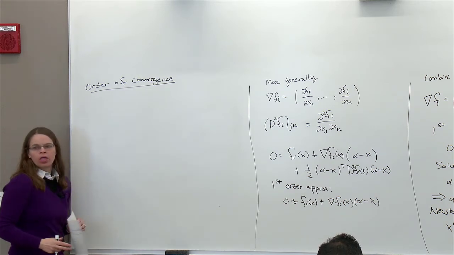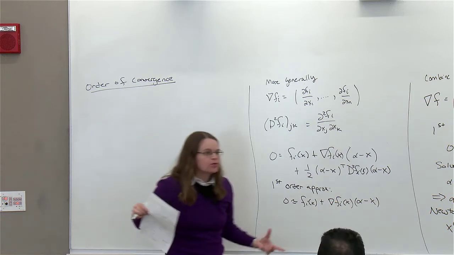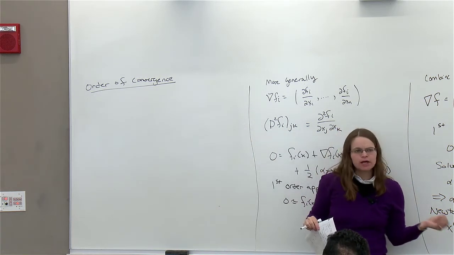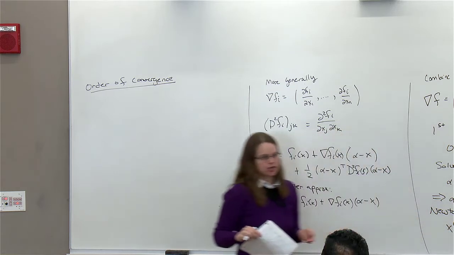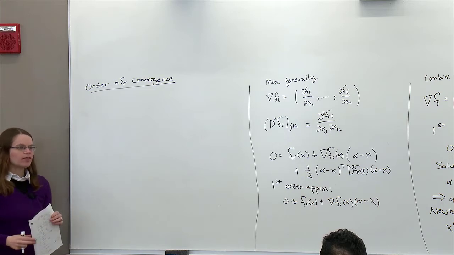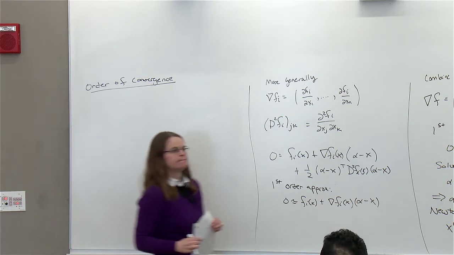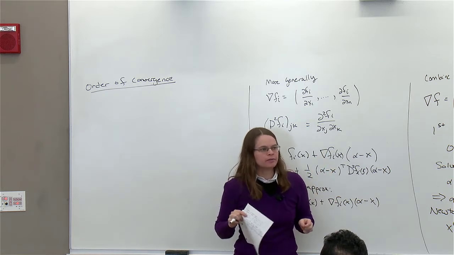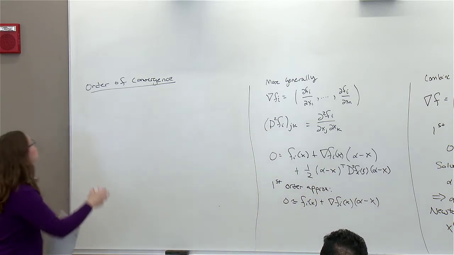Okay, I'm working with vectors now, but the kind of manipulation I'm going to do here is not different than what we did before when we checked order of convergence. All that matters is that instead of just taking the absolute value of the error, we've got to take a norm of the error. So I'm going to do what I have always done.